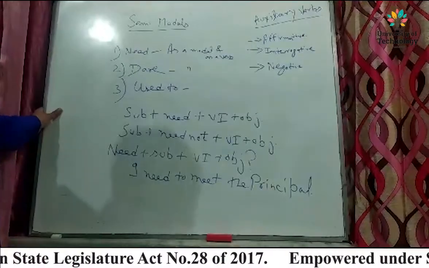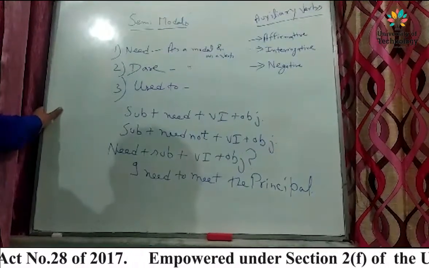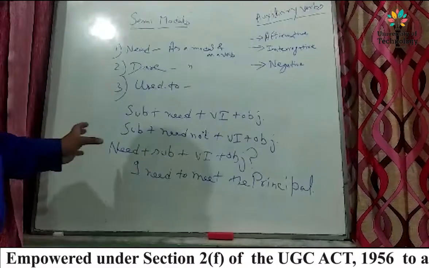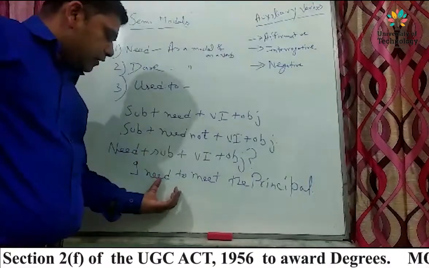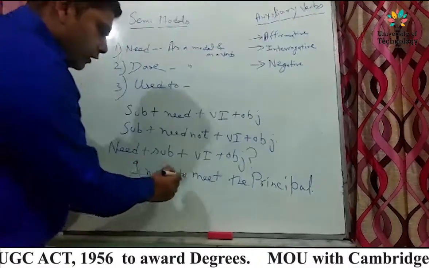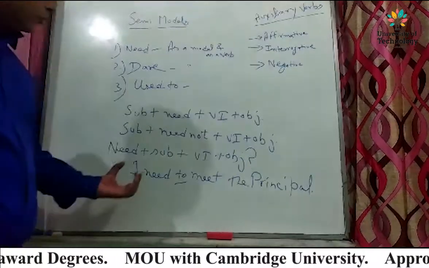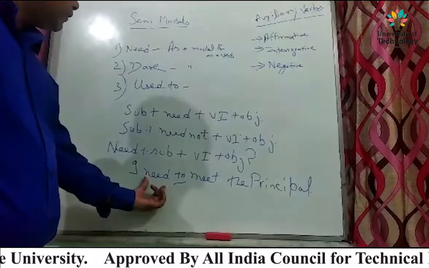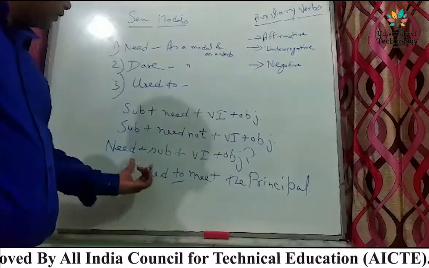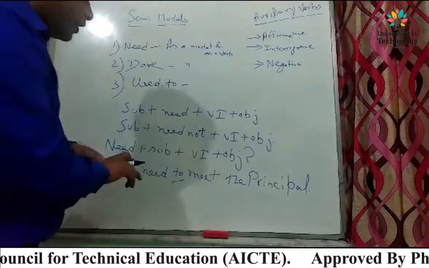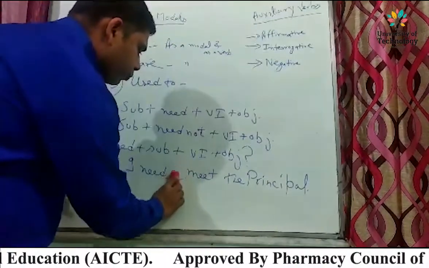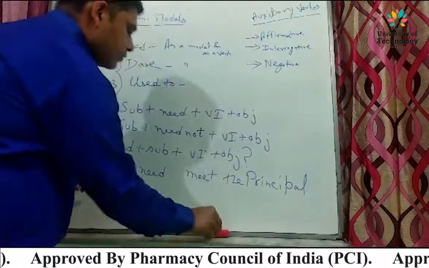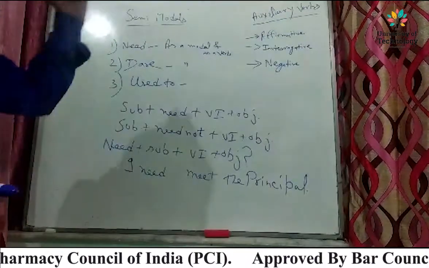See, if I write the sentence, here I used to. So need will be used as a verb here. If I need to use need as a modal, I will have to remove to. Right, I need meet the principal.